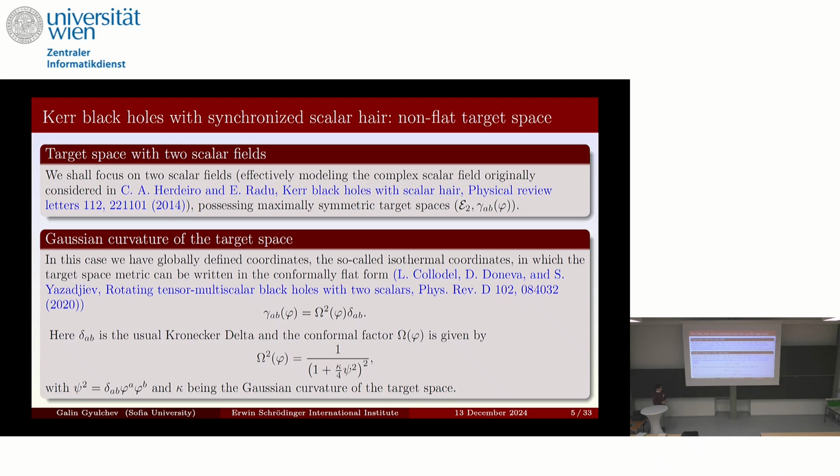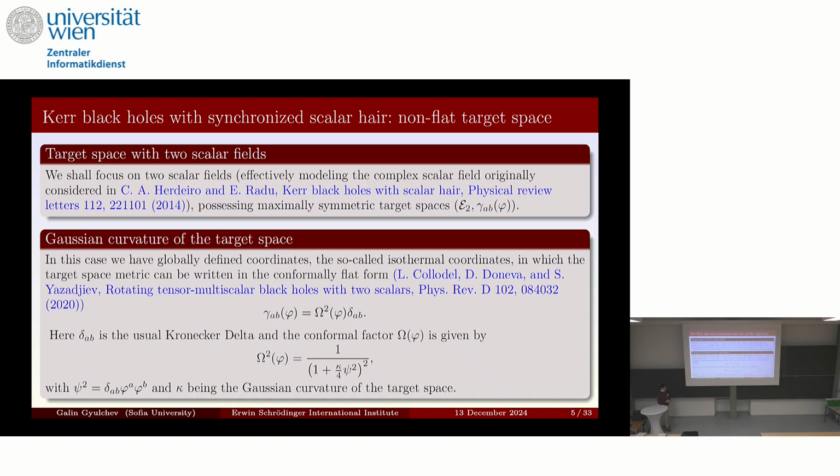From another point of view, we can choose some special coordinates which give us the opportunity to consider the metric of this target space-time in this form, where omega is the conformal factor, which can be represented in this form, where we can see that it depends on the amount of the scalar field and depends on the Gaussian curvature of the target space.